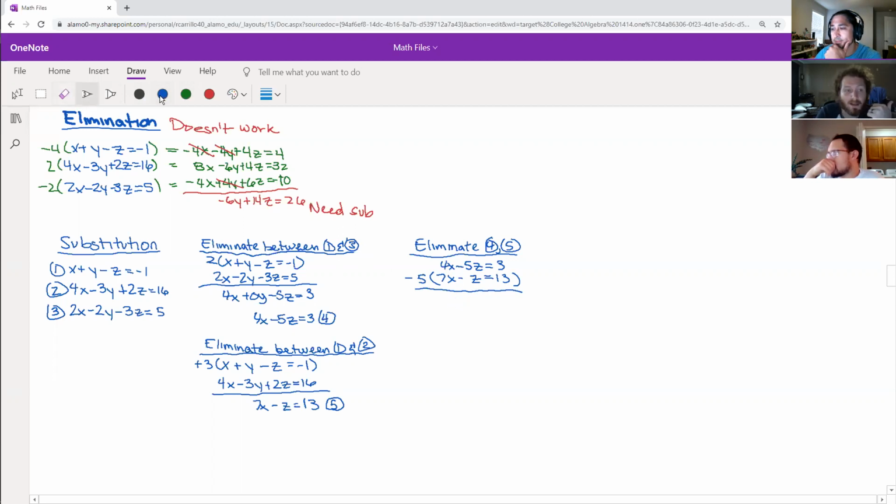This is negative 35 plus 4, 31x. The z's eliminate. This is going to be equal to 13 times 5. Well, let's see. Negative 5 times 10 is negative 50. This is 65. This is gross. This is x is equal to negative 65 divided by, oh, it would be negative, wouldn't it?